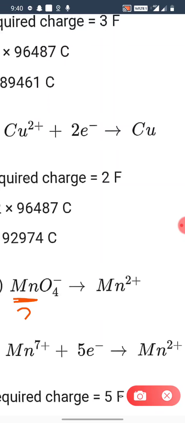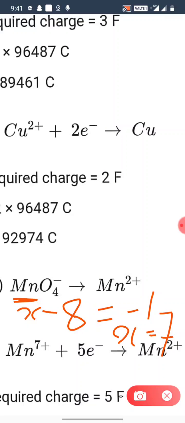You can take it as X, where the oxidation state of one oxygen atom is -2. So for 4 oxygen atoms it will be -8 and the net charge will be equal to -1. So the value of X will come out to be 7. So with the help of this calculation, we know the charge on manganese is +7.